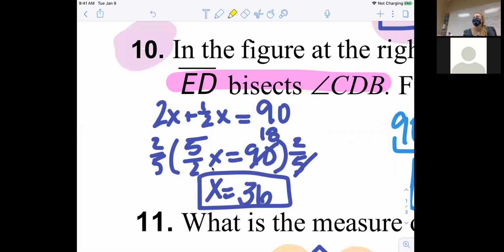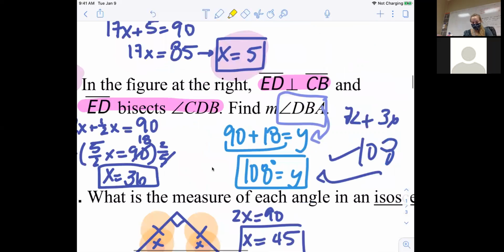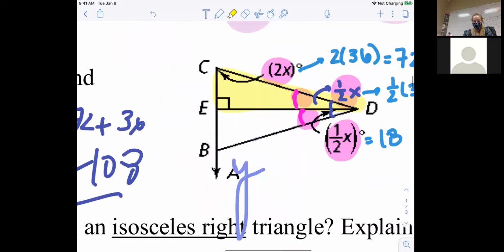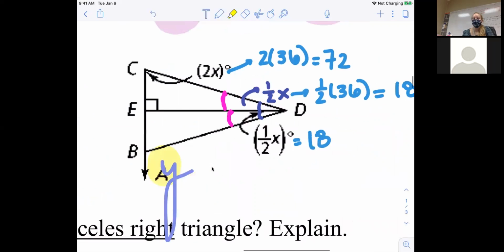Once I found x is 36, I plugged that in, and I have to find this angle all the way over here. I have to find the angle I labeled y. I have to find this guy right here. In order to do that, I had to figure out what all my other angles were. I found out that the angle 1/2 x was 18 for both of them. And I found out that the angle called 2x was 72.